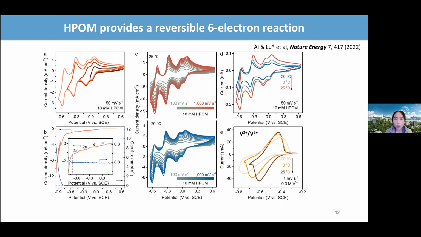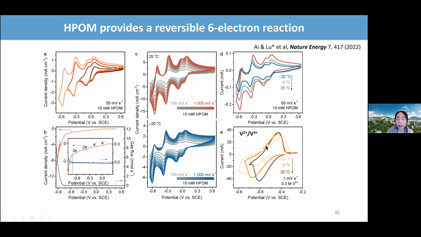So we look into the cyclic voltammogram to understand the kinetics as we change the temperature. So you can see the HPOM at 25 degrees Celsius and negative 20 degrees Celsius. You see that the cyclic voltammogram does not change significantly over a very wide temperature range.